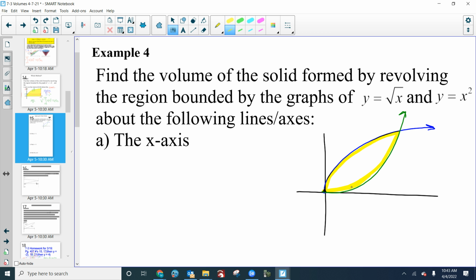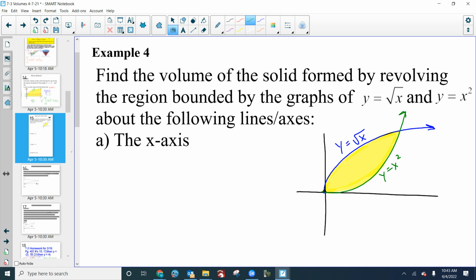And this is going to be the same region we're going to use for all parts of this problem. So it's worth writing out next to the functions. Y equals radical x. Y equals x squared. And your first objective is to rotate this around the x-axis.